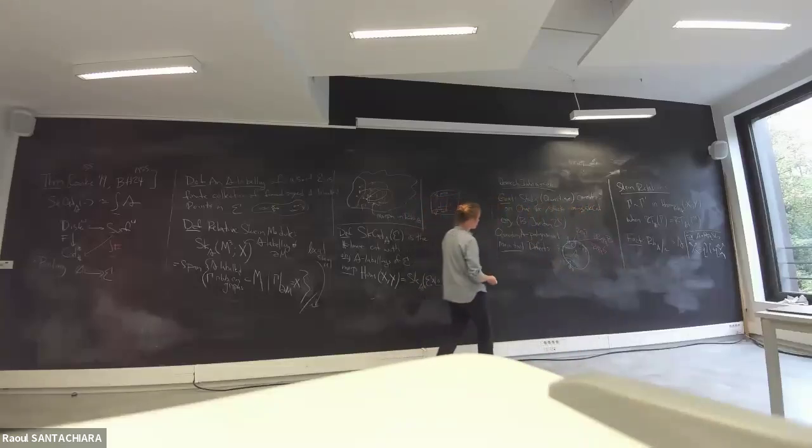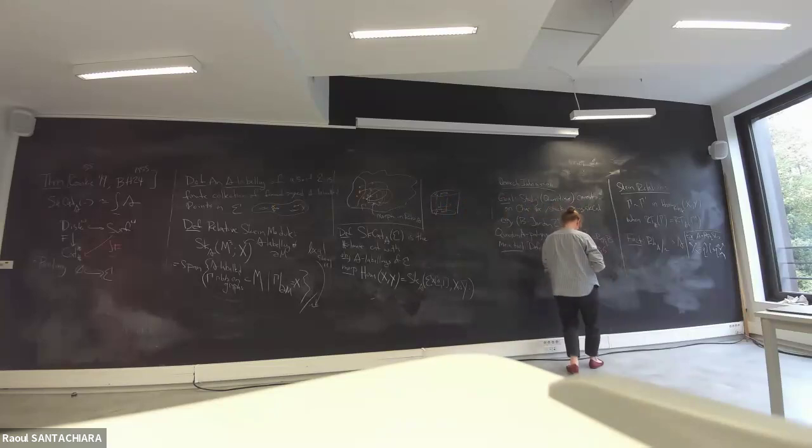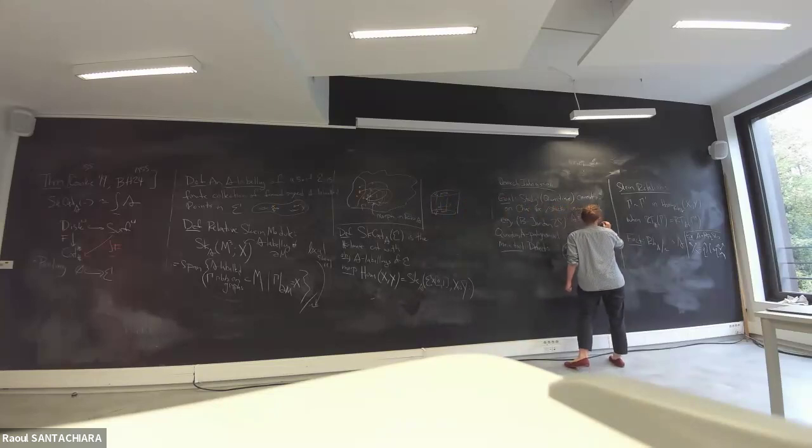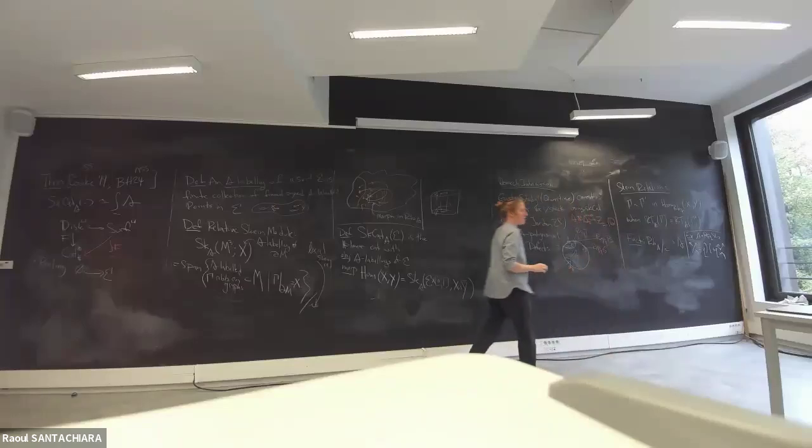And defects are bimodule categories over these two, or what are they? Yeah, I mean, they should be bimodules for this. The data will have some defect between A1 and A2, with the bimorphisms.